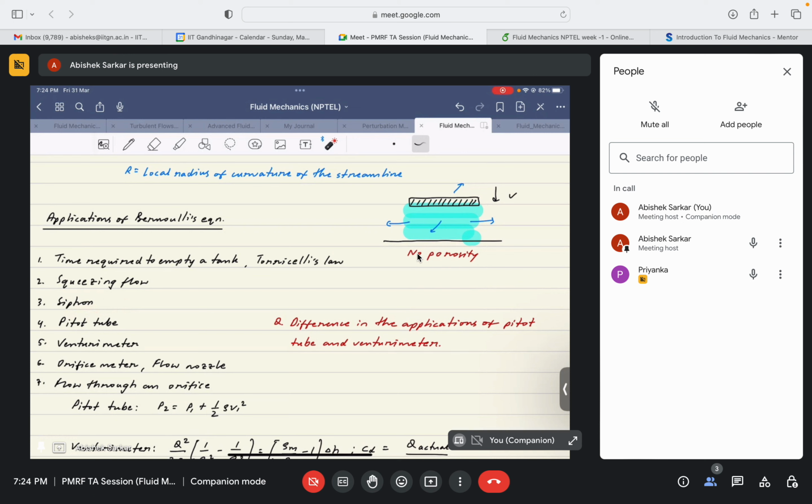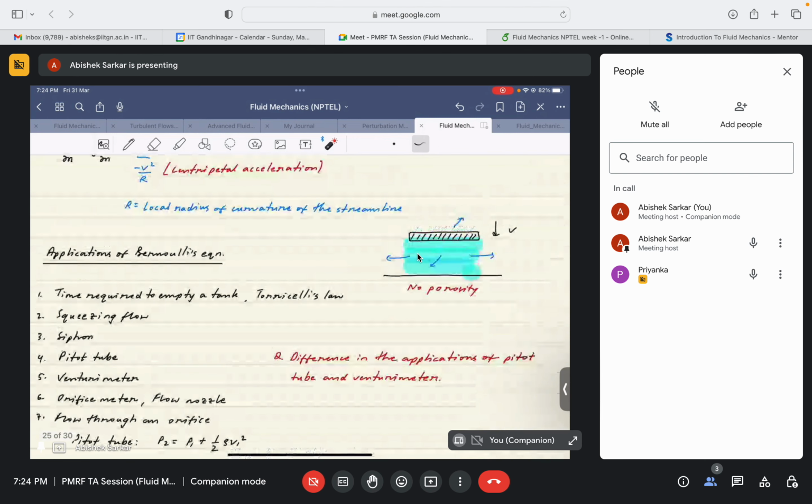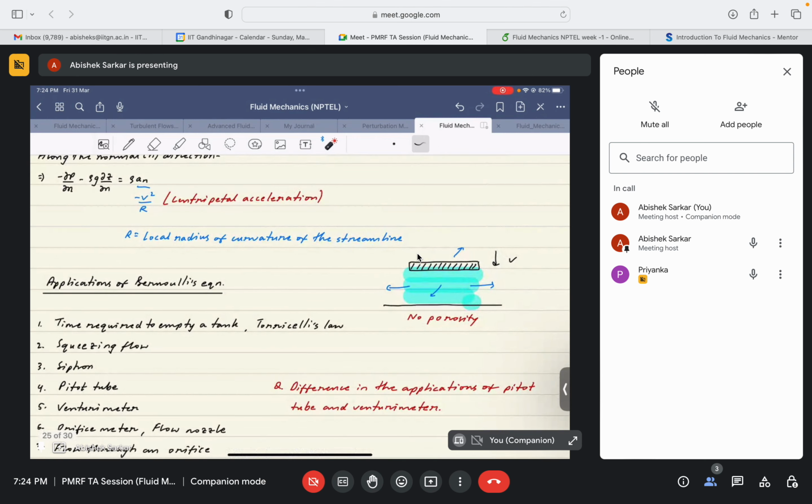It works on the principle of Bernoulli's equation. In a siphon, in a tank we connect a pipe, and there is flow of water from the tank to the other side of the pipe using Bernoulli's equation.